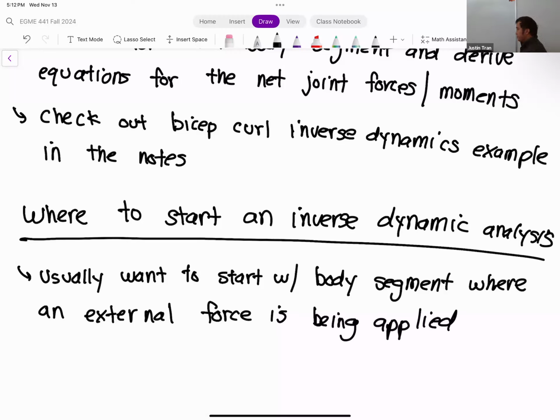The reason for this is that if you do this, you'll be able to solve all three of your equations of motion explicitly, right?